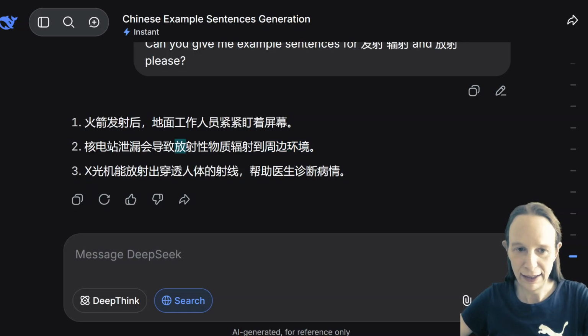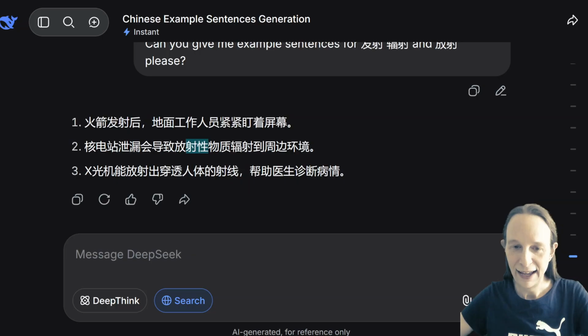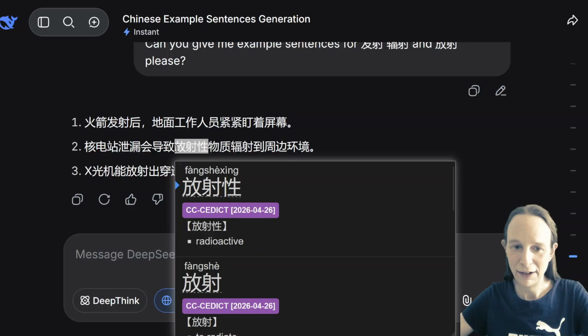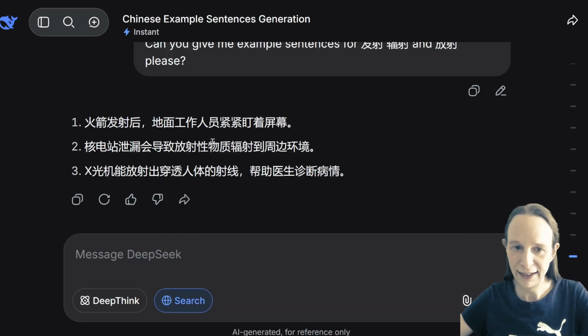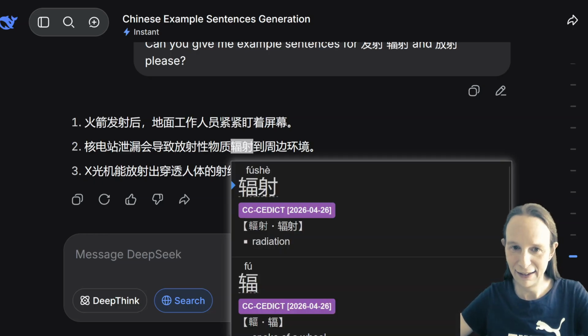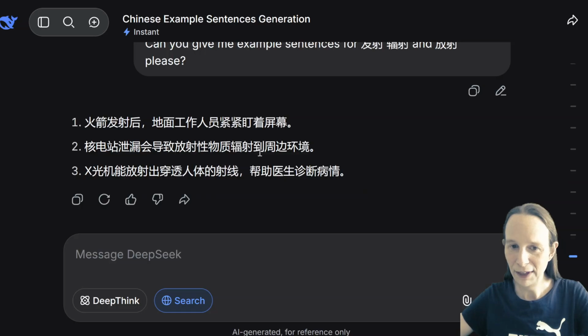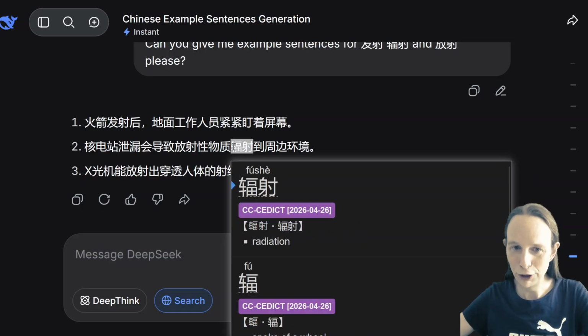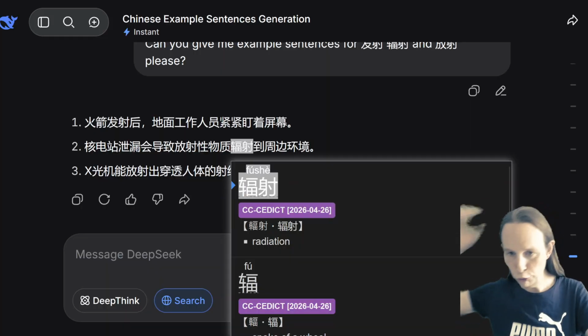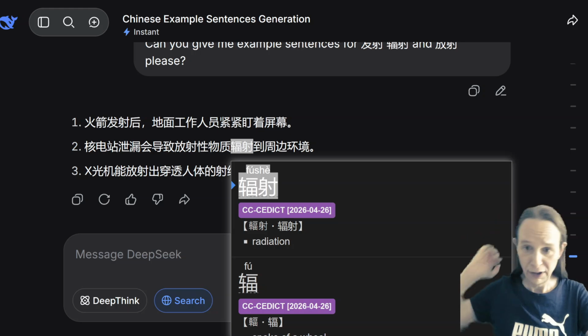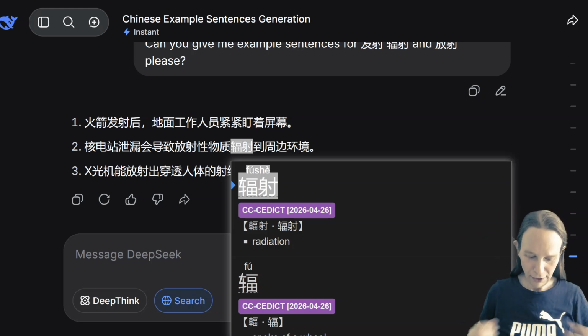So we got this one, 放射性, radioactive material. 物质辐射. So this is used as a verb. If you got a 到 after 辐射, it's a verb. Hold on. Yeah, 辐射. The dictionary says it's a verb.